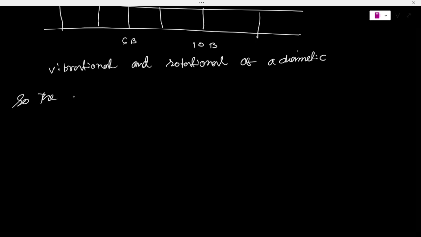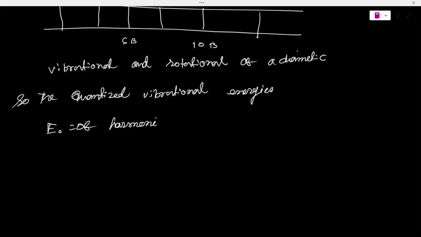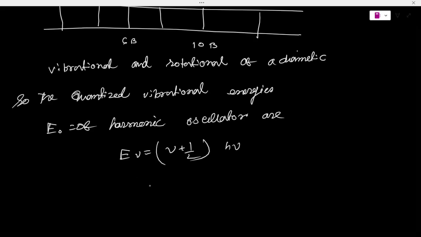The quantized vibrational energies of the harmonic oscillator are E is equal to h nu times v plus half, where v is equal to 0, 1, 2, and so on.